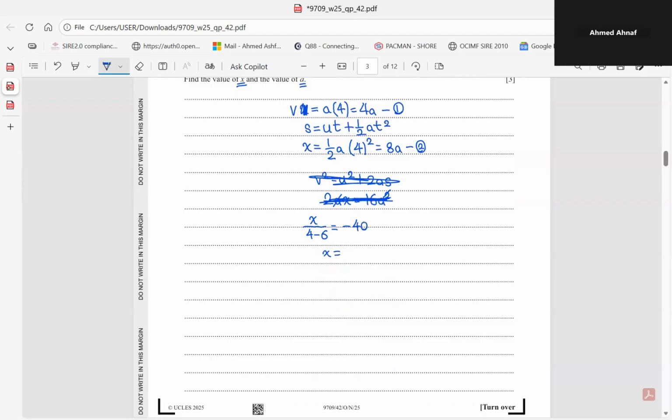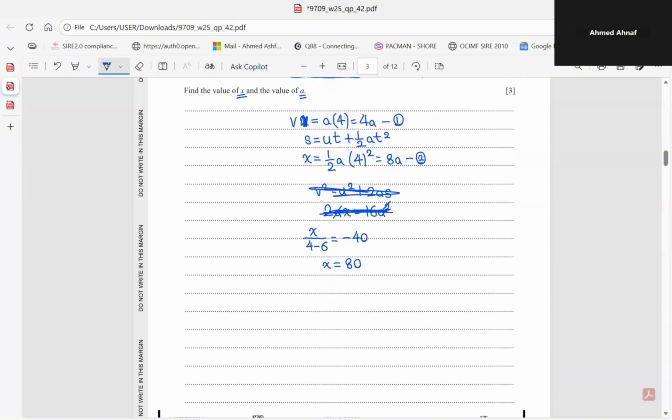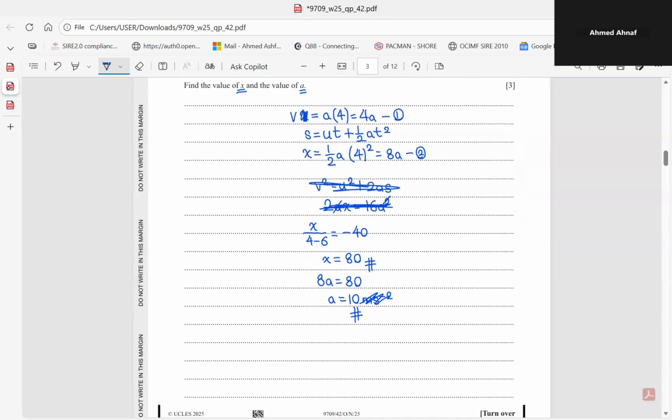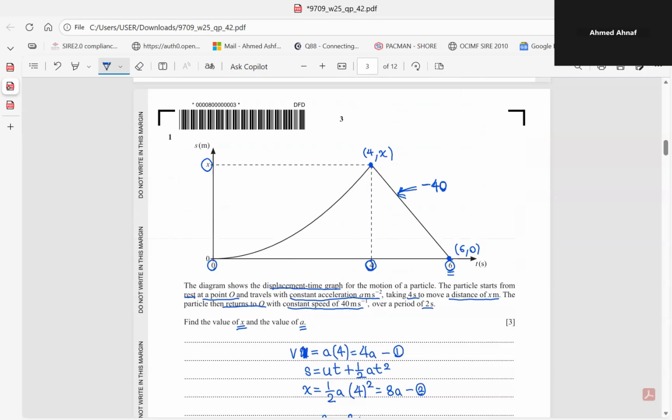So now we can find what x is. x is just going to be 80. So this would be our first answer. Now we are just going to substitute into equation 2. So 8a equals 80, and then we get a equals 10 meters per second square. Actually, we don't need the unit because it's already included. So these two are our final answers for this entire question.